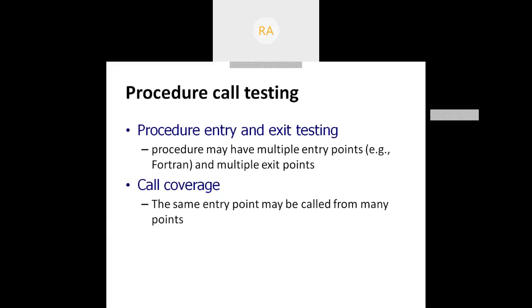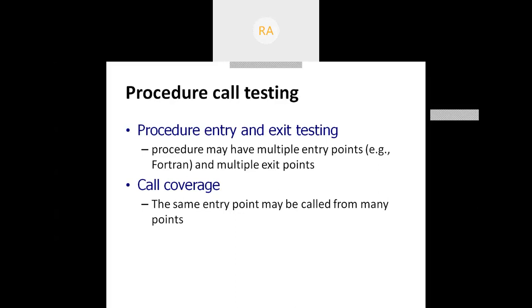What exactly are you doing with procedure call testing? You are checking the entry and exit points of a particular procedure. Whenever you make a call to a specific procedure in the source code, first and foremost it enters that particular procedure, and that point I call the entry point.